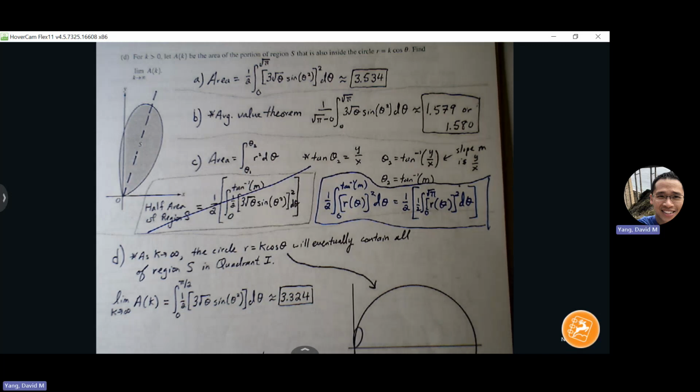Okay, positive slope m. So my positive slope is the same thing as y over x, right? So I can represent that m as y over x. And if I know that tangent of theta equals y over x, and I know that y over x is my slope, which they tell us to use m, then to solve for theta, theta must be inverse tangent of that.